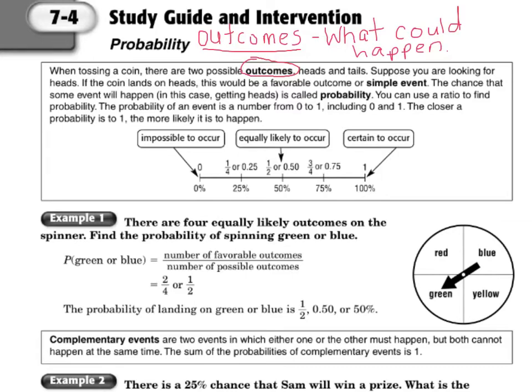So when you toss a coin, what could happen? You could get heads or you could get tails. And those are the outcomes of tossing a coin.